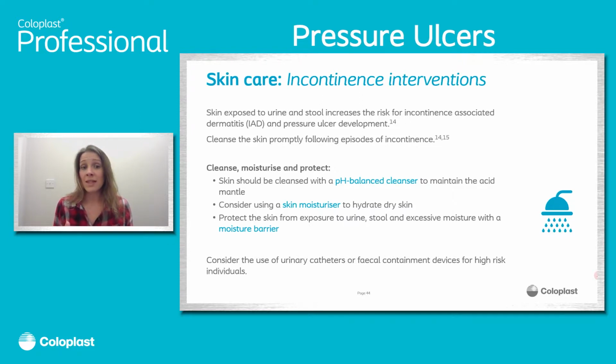We can protect the skin from exposure to urine, stools and faecal matter by using barrier products if it's appropriate after our assessment. We may also, in worst case scenarios, have to think about the use of urinary catheters or faecal containment devices on very high risk individuals. And this is where it really then comes back again to our holistic assessment of our patient and looking at every patient as an individual and the risk associated with these things for them.